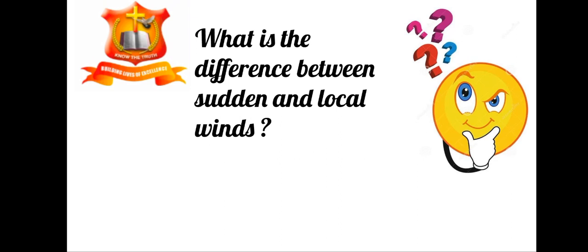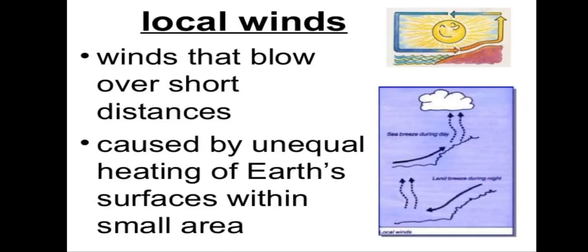Local winds prevail as long as pressure conditions remain. It means only till summer season the Lu blows. What about sudden winds? Sudden winds are high speed winds. Local winds speed is moderate to low. These were the differences. I hope you understood it. These are the local winds.